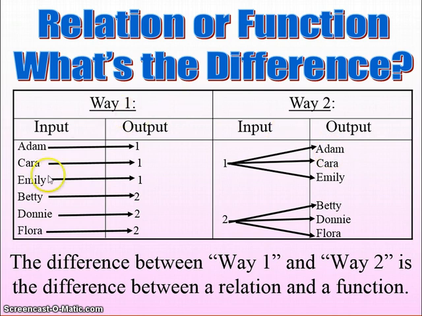Now, the difference between way 1 and way 2 is specifically the difference between a relation and a function. Now remember, we know that both relations and functions are relationships, and in both ways, names were related to numbers. So in both of these, a relationship does exist. It's a different type of relationship.